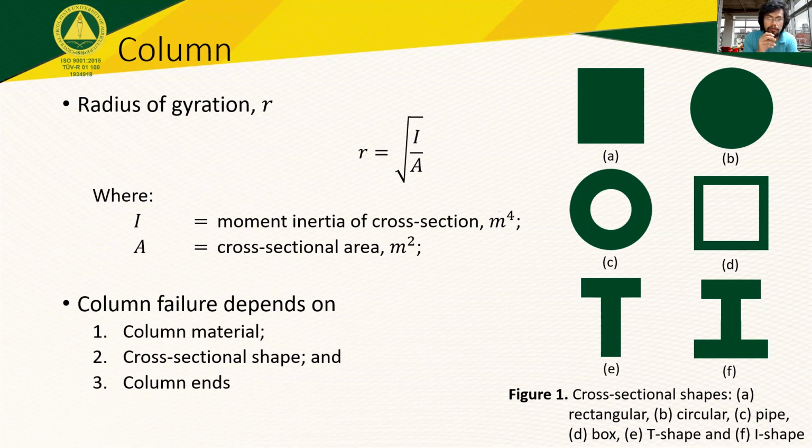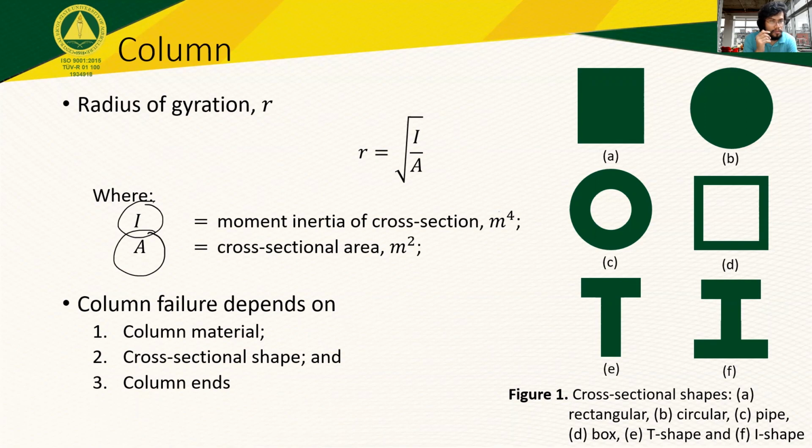I is the moment of inertia of the cross-section, as shown on figure 1. To get r, these two, I and A, should be clearly identified, and it's very simple to determine that as a prerequisite of this course. The student has to be able to solve that already in the course strength of materials or mechanics of materials.